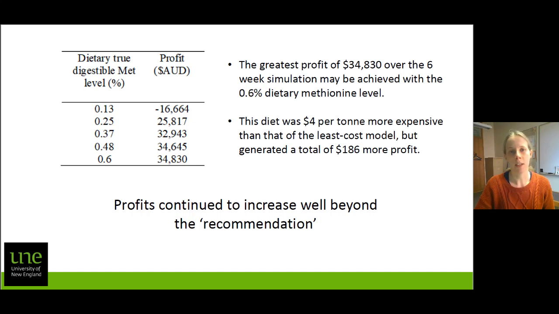From this data, we determined that the greatest profit of 34,830 Australian dollars over the 6-week simulation may be achieved with the 0.6% dietary methionine level. This diet was $4 per tonne more expensive than that of the least cost model at 0.48% dietary methionine, but it generated a total of $186 more profit over that 6-week period due to the reduced feed intake of birds fed the 0.6% dietary methionine level compared to those fed the 0.48% dietary methionine level.